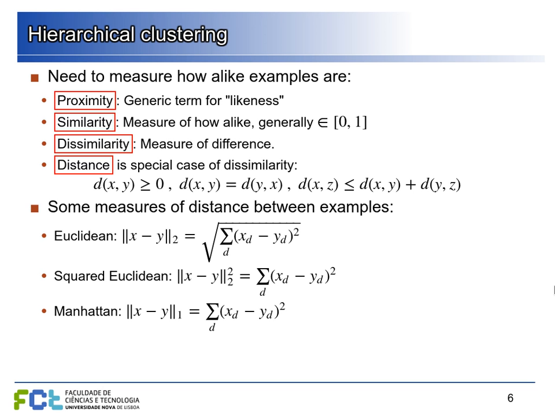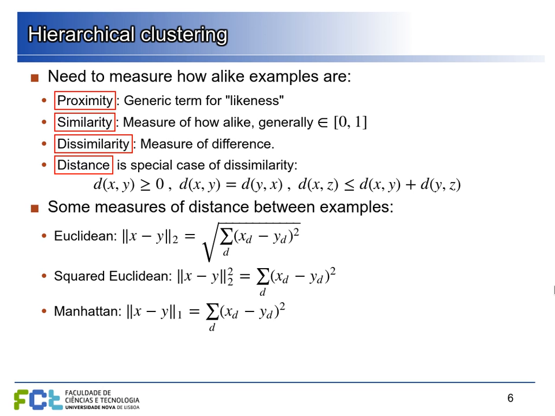So first, to do this, we need, of course, some measure of how alike individual examples are. We saw this in clustering in general. There are several terms for this. For example, proximity is sometimes used as a vague term for likeness, for being alike one another.